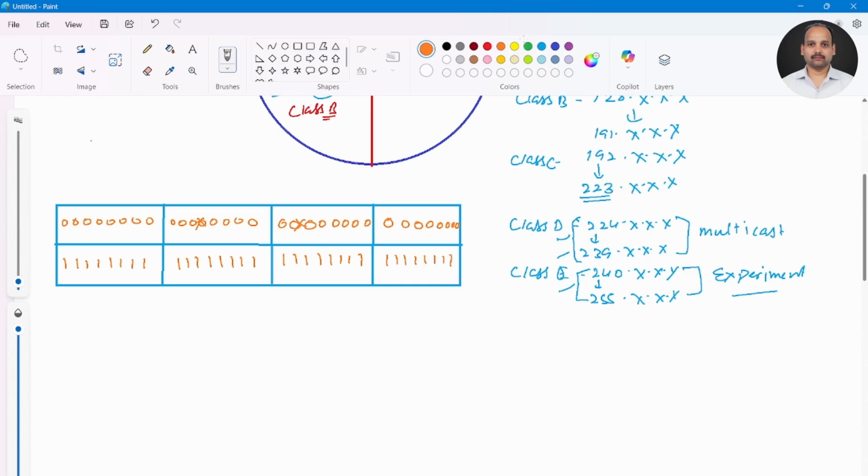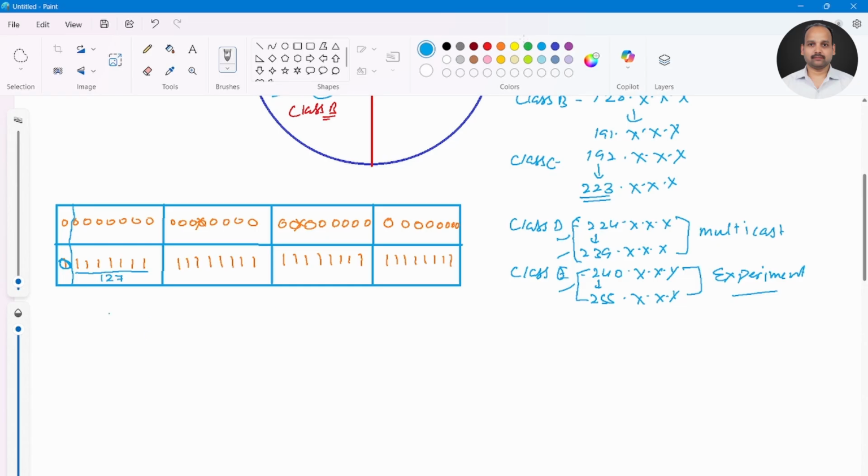So if the documentation says that in class A your first bit will be reserved, and if I reserve it by making it 0, then if you calculate this, the value will be 127.